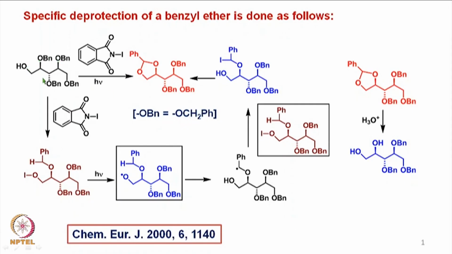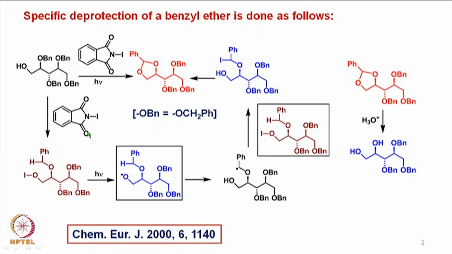If we want specifically this particular O-benzyl group to be deprotected to form this diol, then this hypohalite based chemistry under photolytic condition allows the formation of this ketal, which can be hydrolyzed under acidic conditions to give this particular diol, which is the result of a specific deprotection of this particular benzyl group.